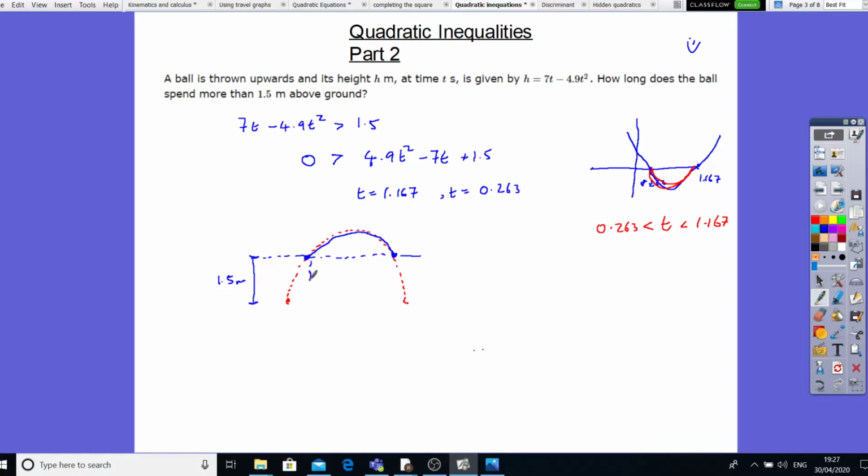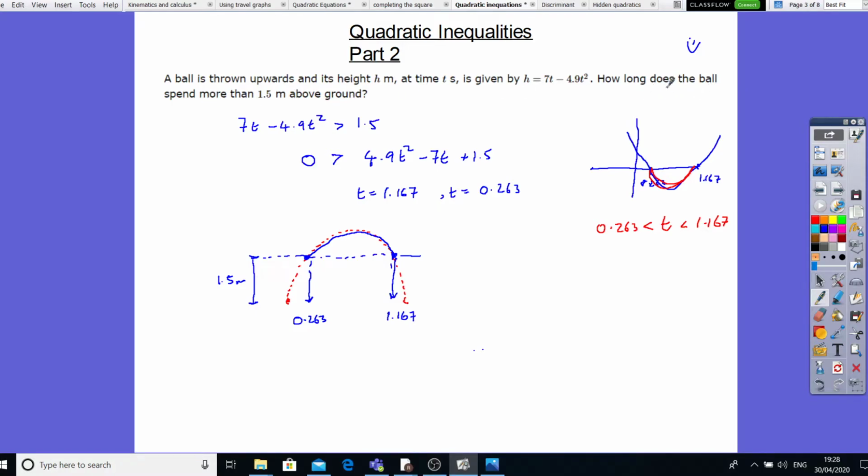So at this point of time, 0.263, the ball is in flight and it's above 1.5, and then at this point it comes back down, 1.167.